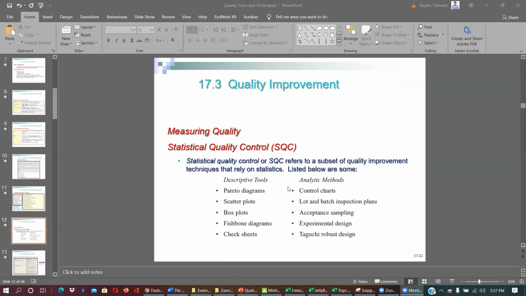We have analytical tools, that is control charts, and we are going to learn control charts today, acceptance sampling, experimental design, Taguchi robust designs. We learned sampling design and sampling levels in the previous course, but our main focus today is control charts in Minitab. But I'm going to explain these descriptive tools too.